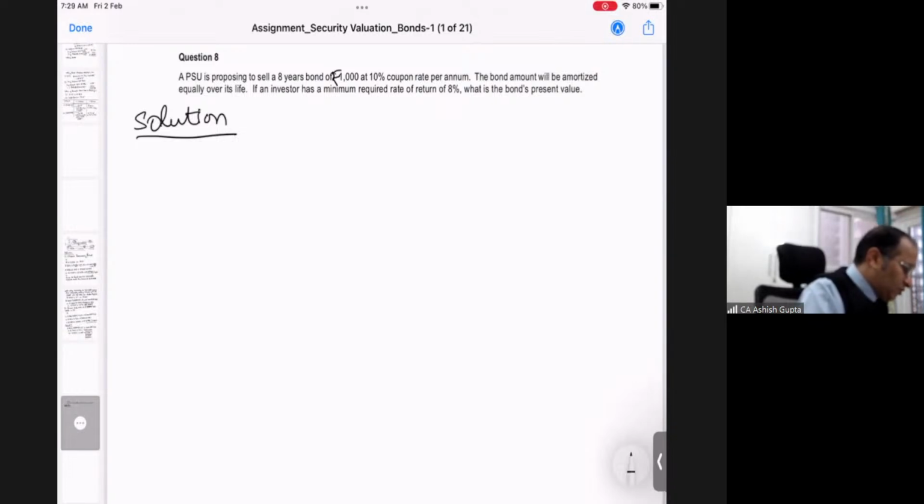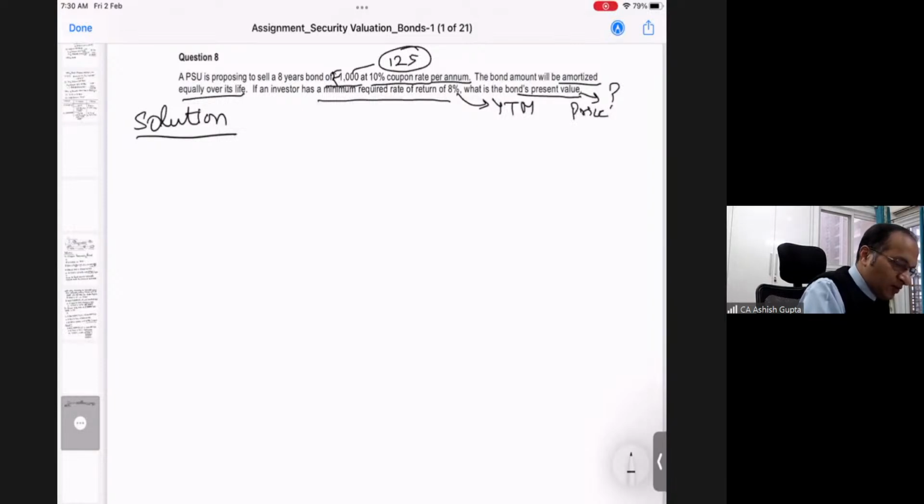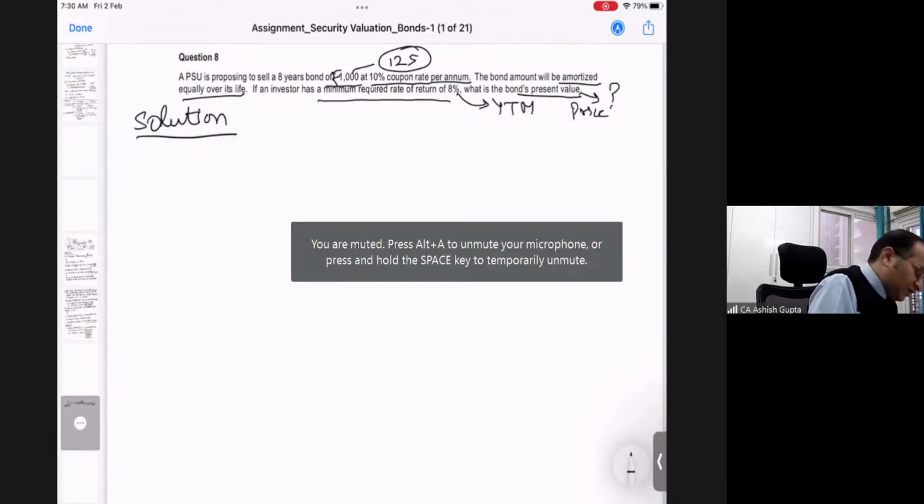A PSU is proposing to sell an 8-year bond of rupees 1,000 at 10% coupon per annum. The bond amount will be amortized equally over its life. It means 1/5 will be refunded each year. If an investor has a minimum requirement of 3%, it means it is the YTM. What is the bond present value, or we can say what is the price of the bond? What is the justified price of the bond? Okay, now, student, let us start solving the same.